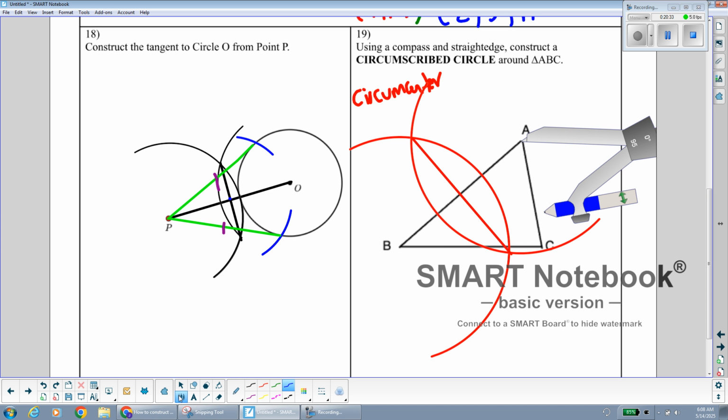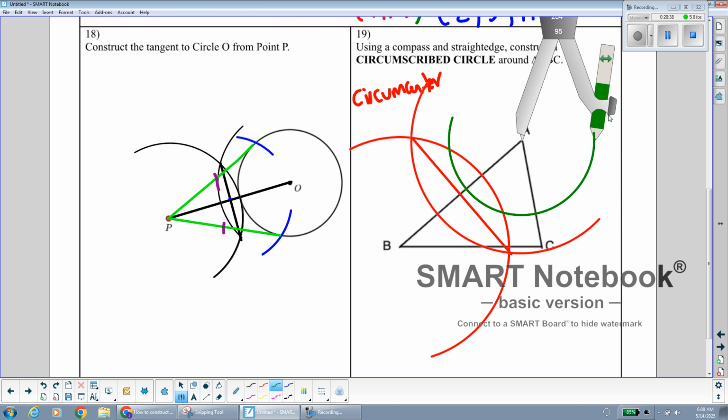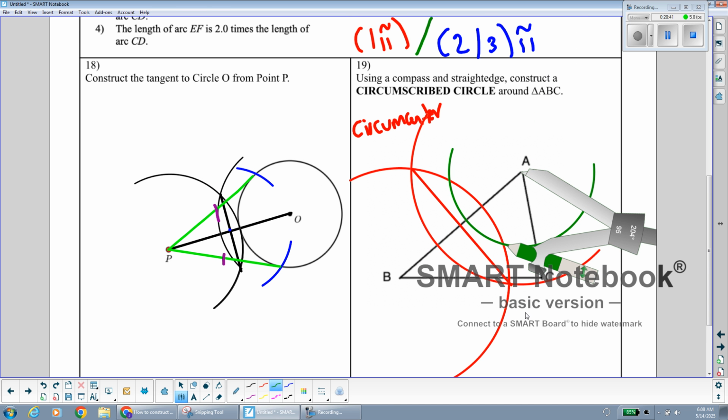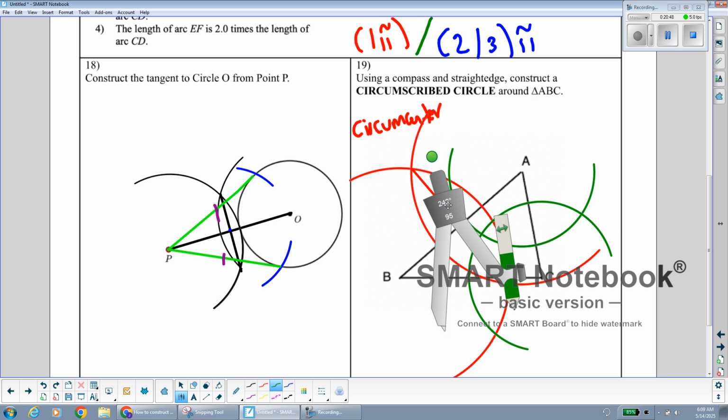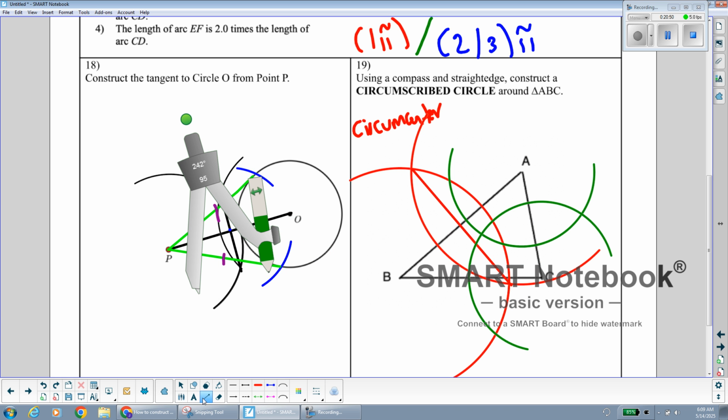Let me get a different color. And then the point where they intersect is the circumcenter. Remember, even though the name is center, that doesn't mean it's exactly in the middle.